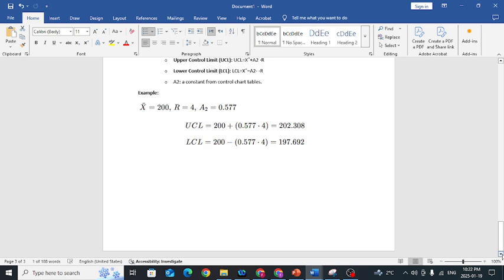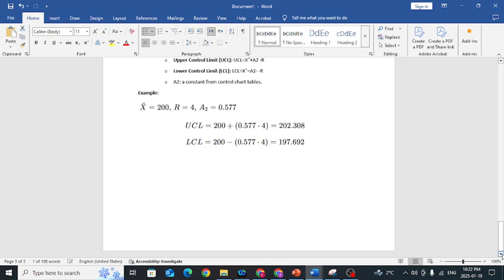What should we do? Once you have calculated the upper control limit and the lower control limit, aligned with the central line, the mean of the sample average, check whether all data points fall within the control limits, the UCL and LCL.